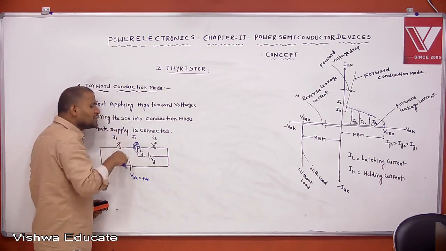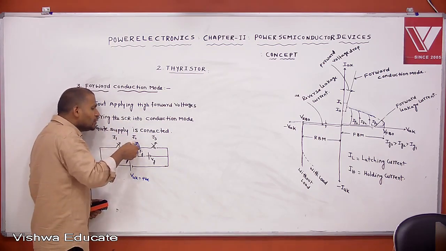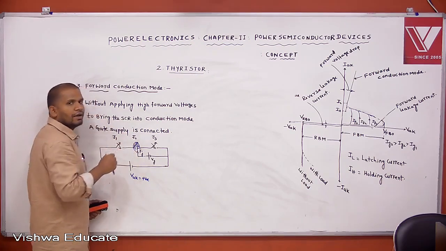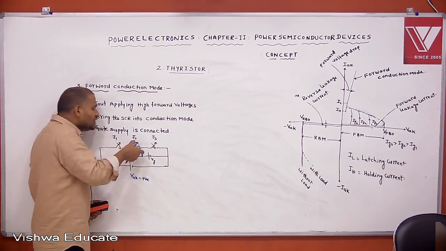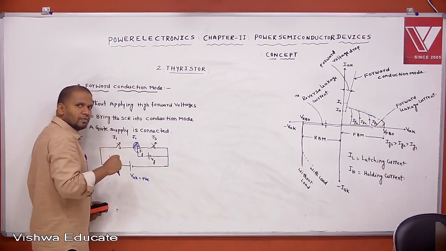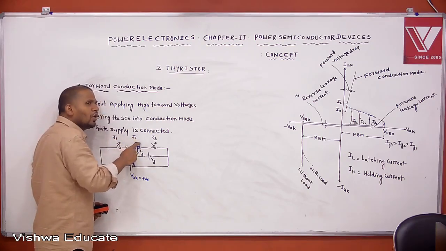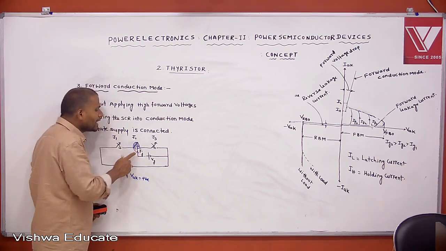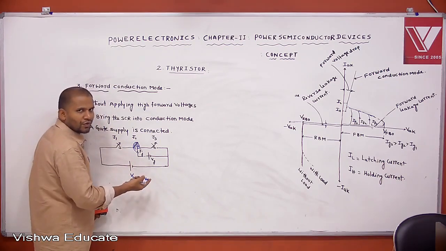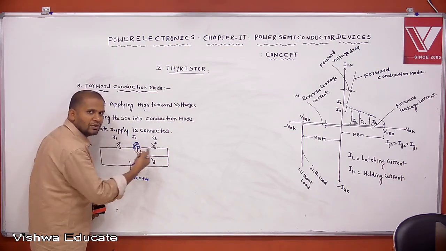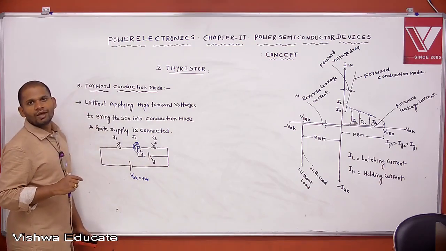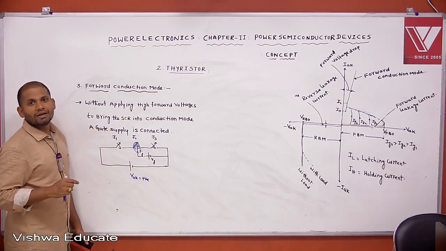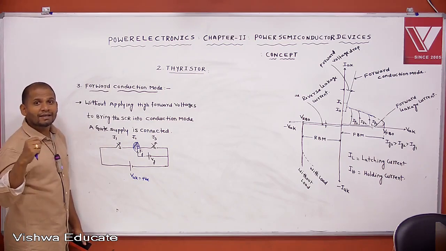Because of this doping concentration, the J2 junction width reduces. Once the J2 junction width is reduced, J2 will break down with less forward voltage. Then the SCR comes into conduction. This is the idea behind connecting the gate supply.